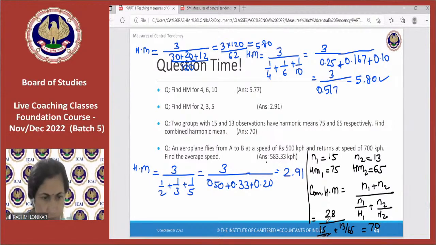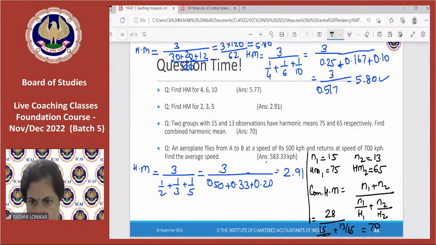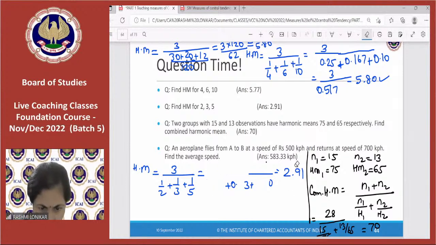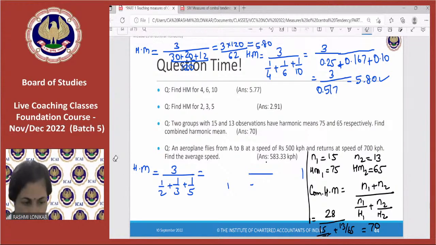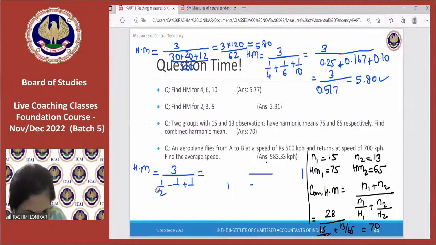Now the last sum is: an aeroplane flies from A to B at a speed of 500 kph and comes back at 700 kph.